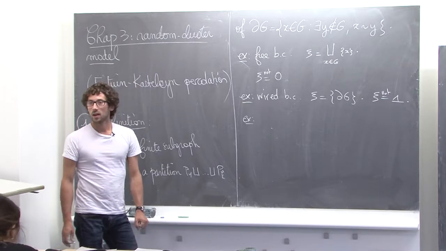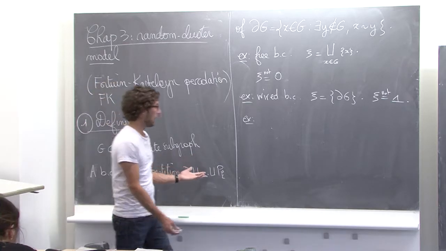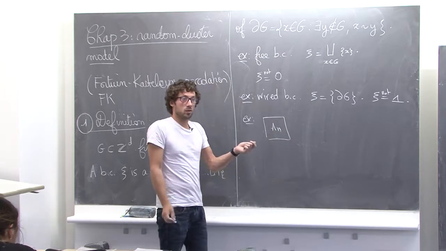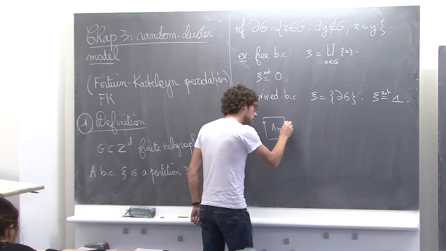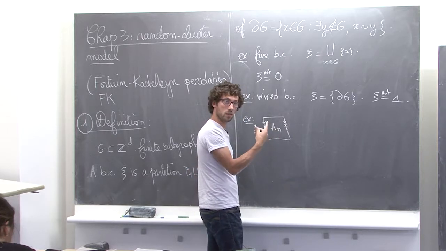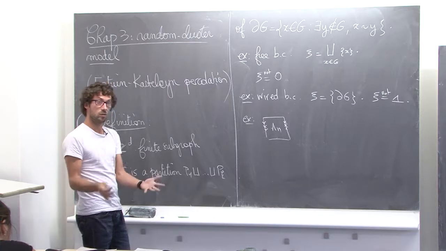But you can also see, for instance, imagine you like tori, which happens to people here. If you like the torus, you can see it as the box Lambda n with some boundary condition, which is going to be this guy is connected to this guy. This guy is connected to this guy, and so on. Okay? I'm not saying that this should be encoded by something that looks planar.